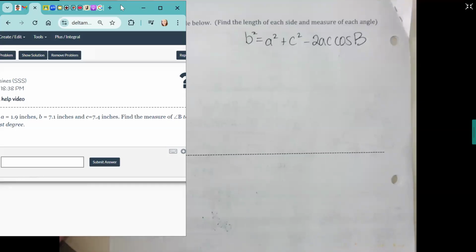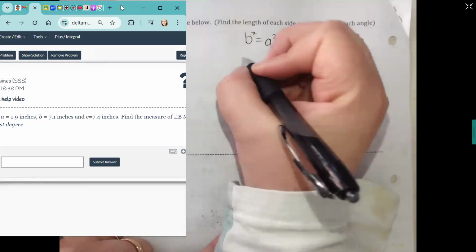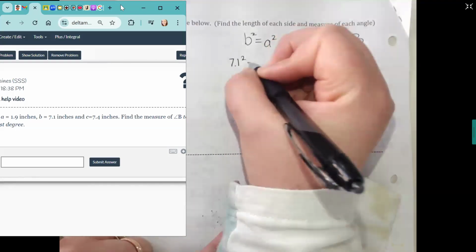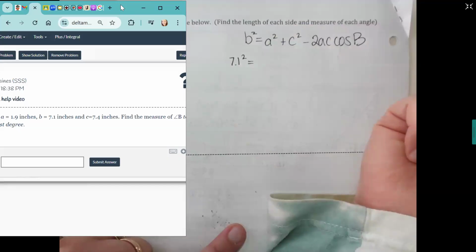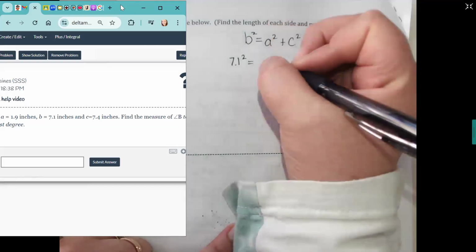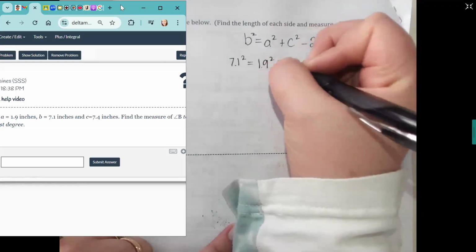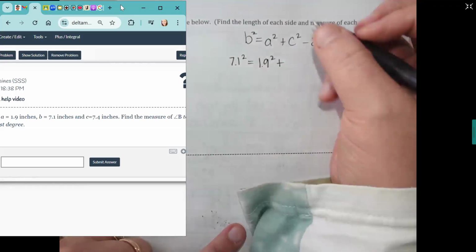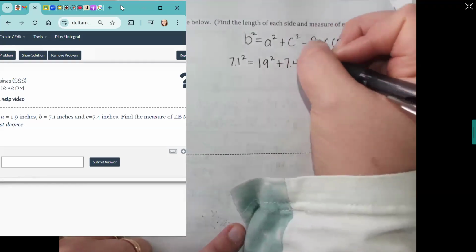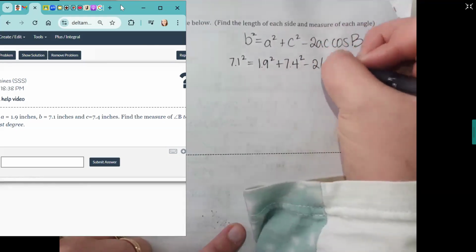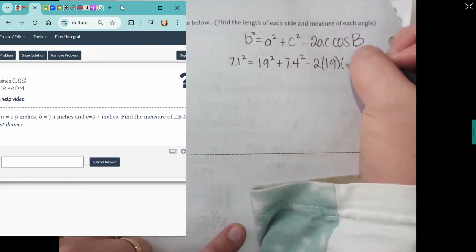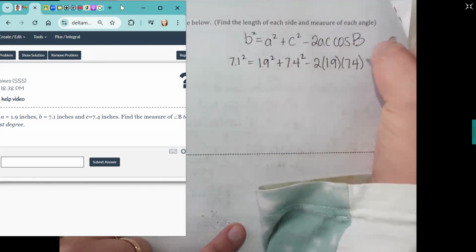Okay, let's plug in our numbers. What's letter B on this question? 7.1. 7.1 squared. What's letter A? Is that 1.9? And then C is 7.4. Minus 2, 1.9, 7.4 again.